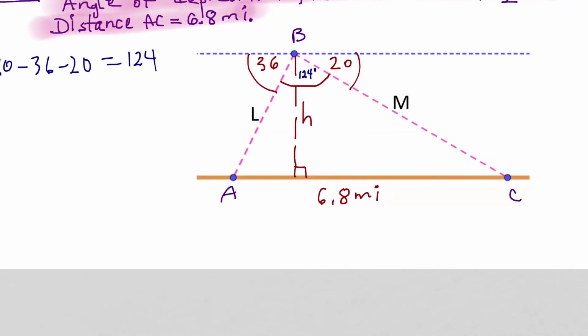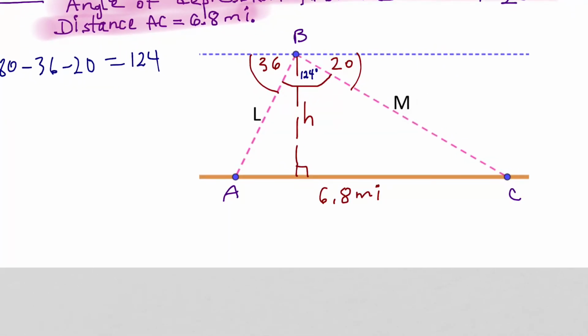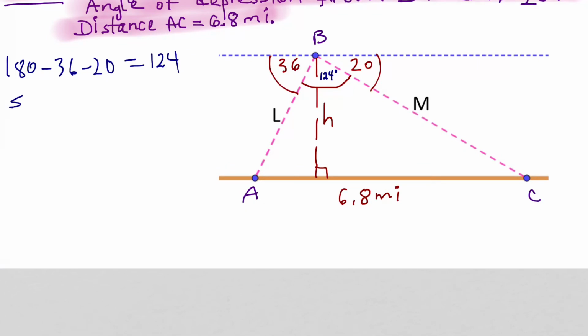Now I've got that angle, so I can start setting up my law of sines. I could say sine of 124 over 6.8 is equal to, all right, so we need another angle here. Let's see, so I've got parallel lines cut by a transversal, so this is 36, so this is 36. Alternate interior angles are congruent.